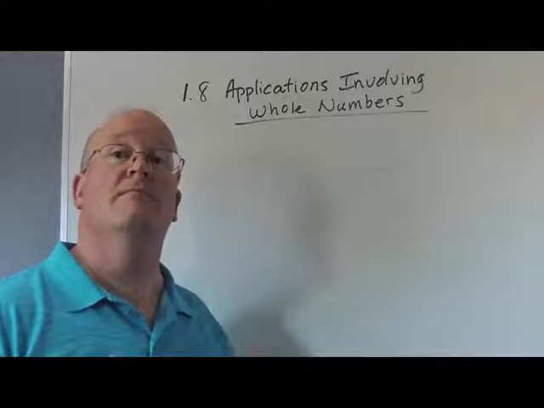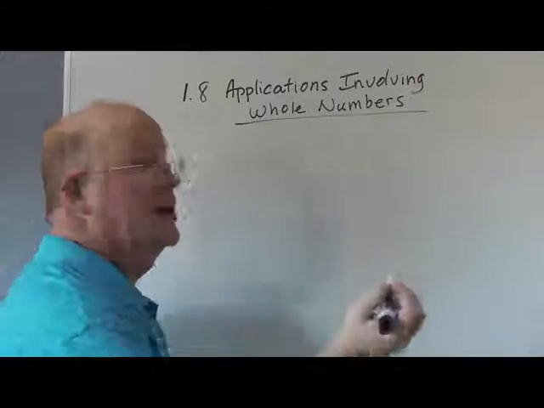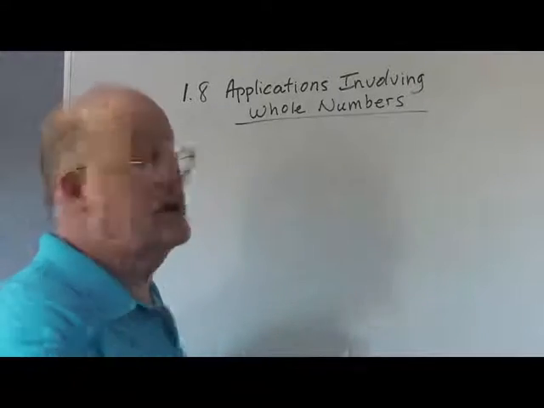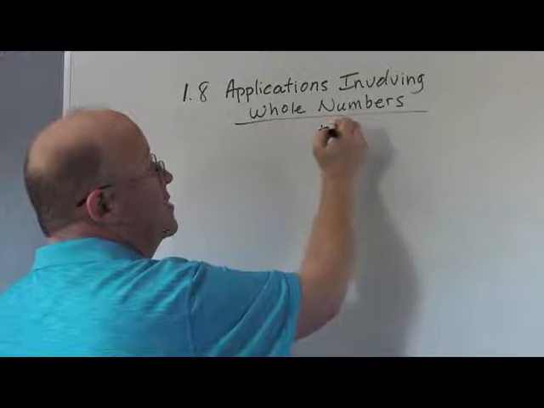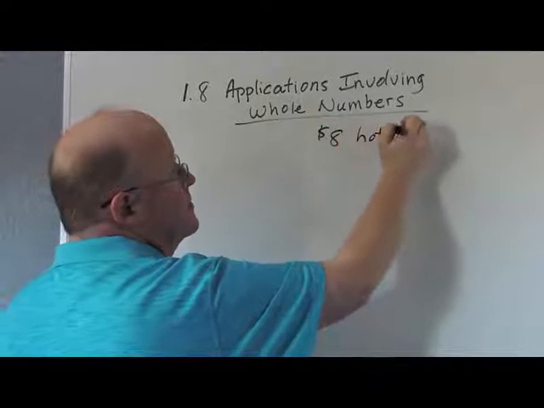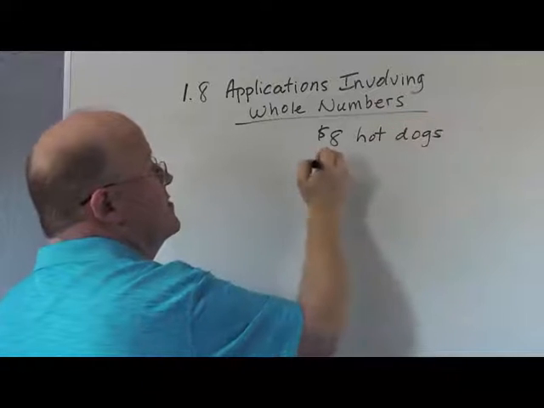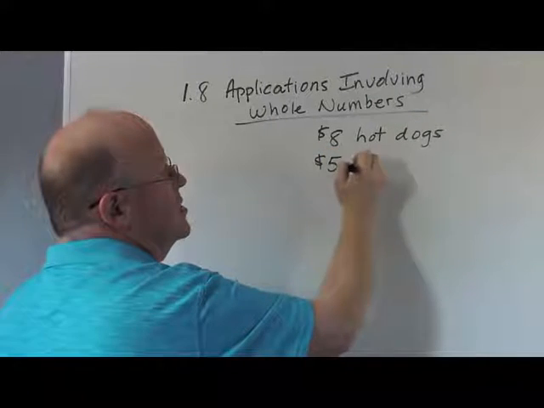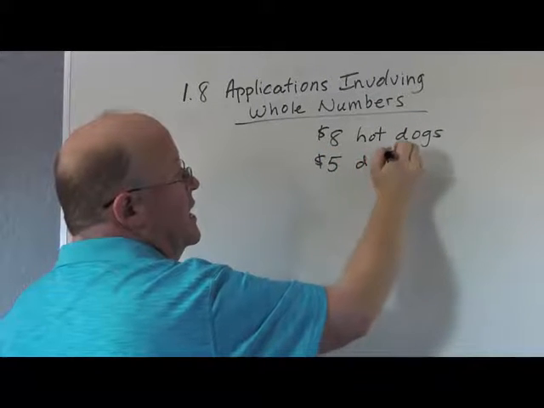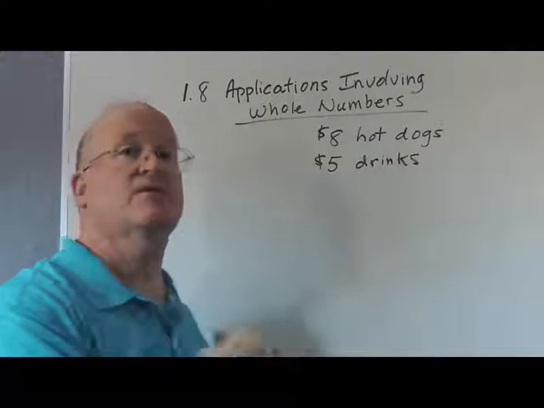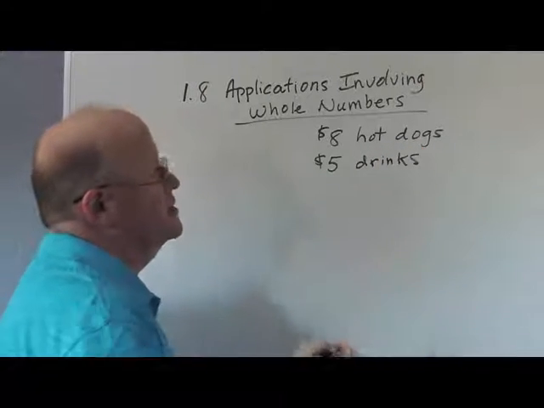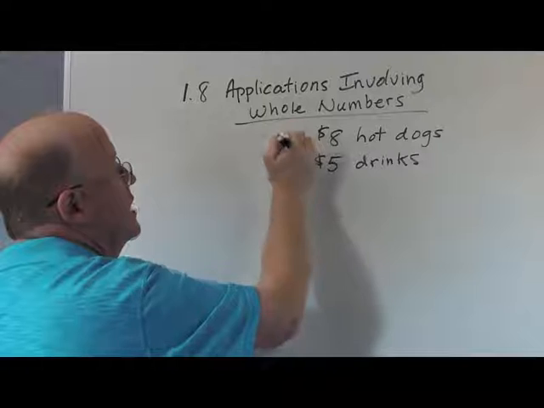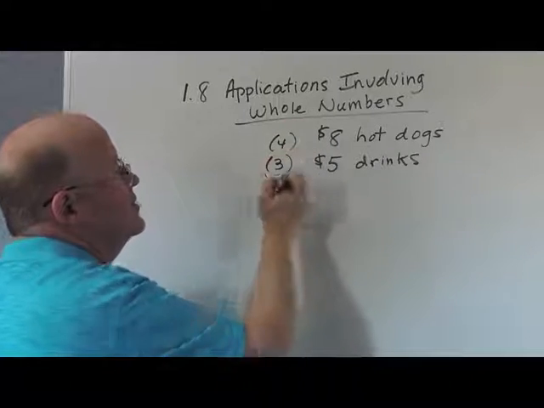Another type of problem might involve shopping. You might be somewhere at a baseball game, for example, and hot dogs are $8. And we might say that soft drinks are $5. And we want to purchase some of these. So we say, okay, let's pretend we're going to buy 4 hot dogs and 3 drinks.